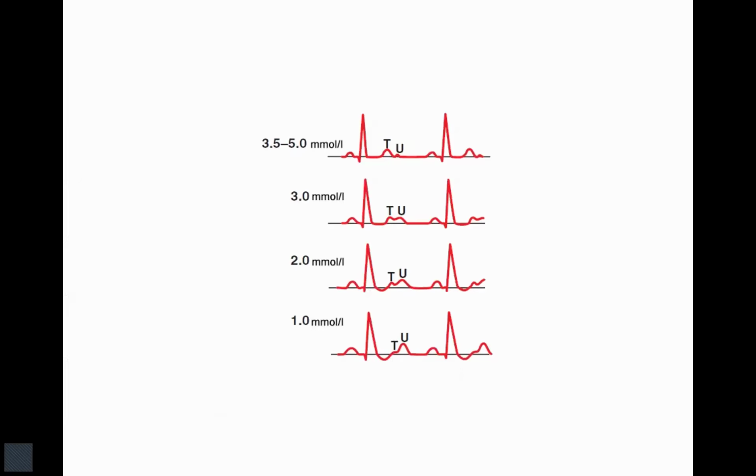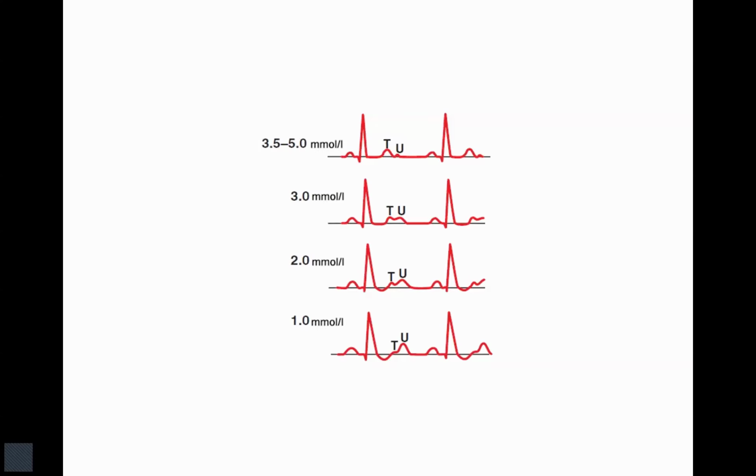All right, so a couple of visual representations of hypokalemia. Normal potassium, remember we talked about normal levels, is around 3.5 to 5. A potassium of 3 would be low. A potassium of 2 would be fairly profoundly low, and puts the patient at significant risk of arrhythmia.